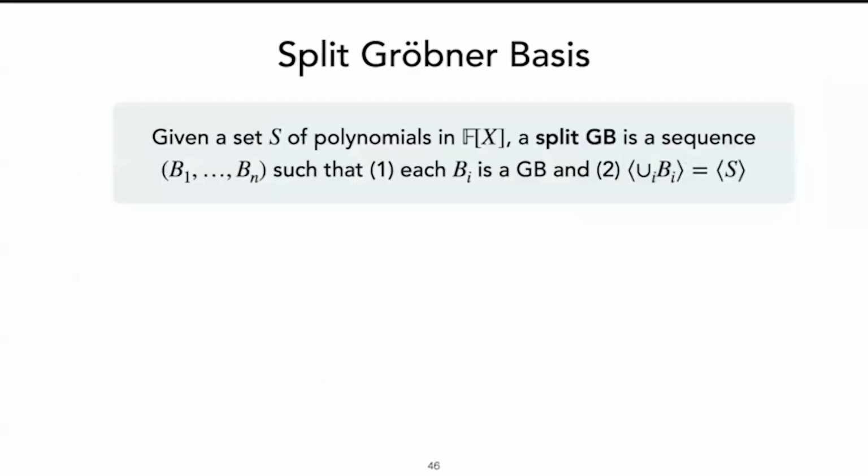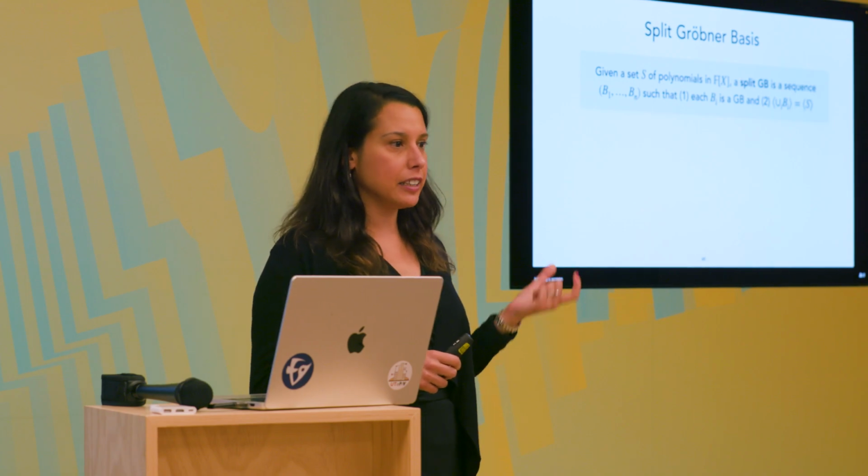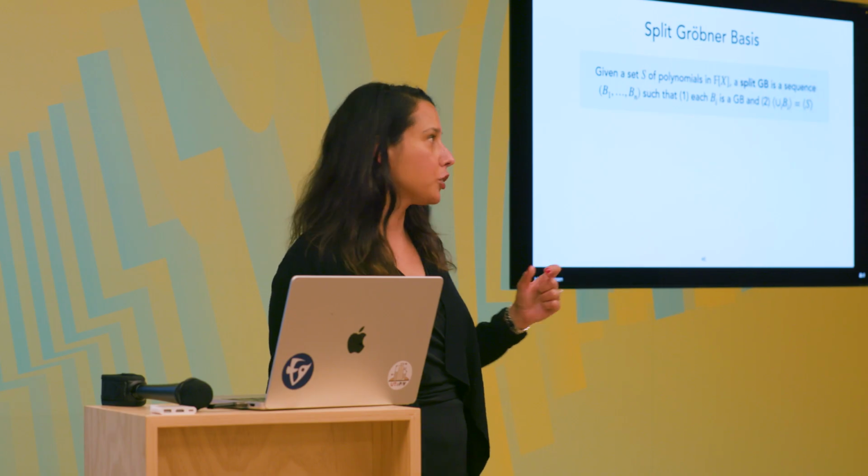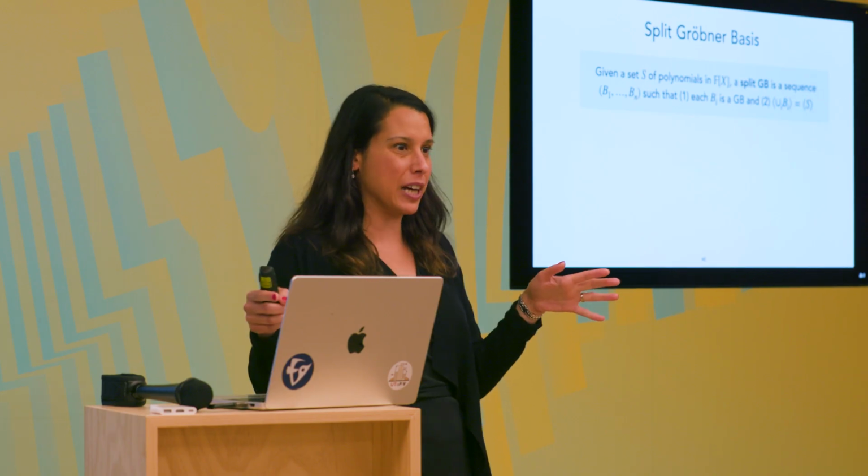That brings me to the contribution of this CAV work, which is the idea of a split Grobner basis. Given a set of polynomials S in our finite field, a split Grobner basis is a sequence of bases b1 through bn, such that each bi is a Grobner basis for some subset si of S. So we split S into s1 through sn.